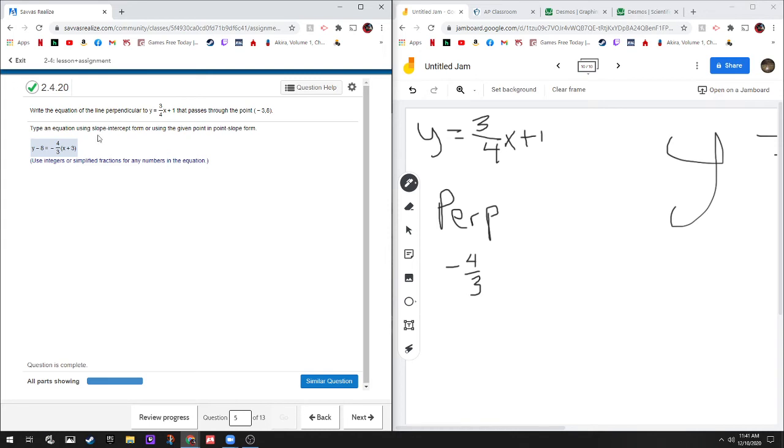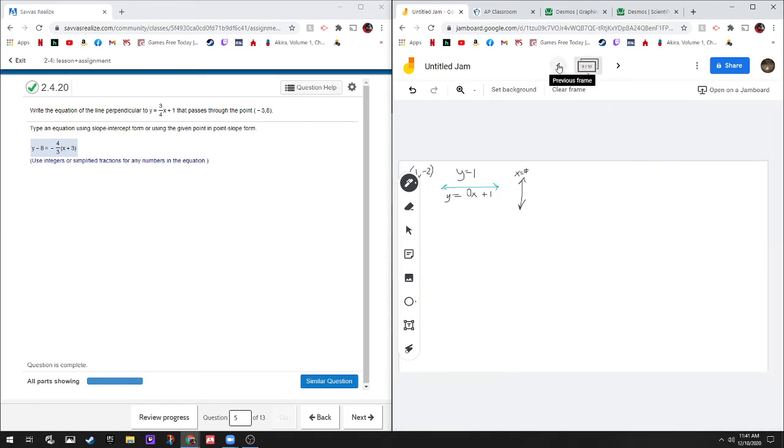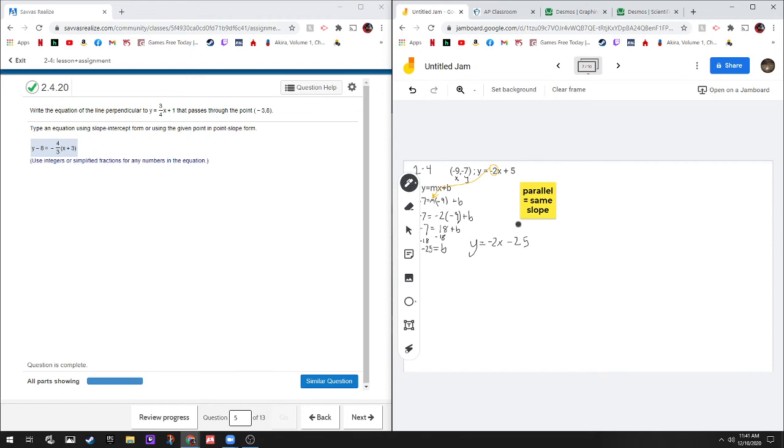You also could have done slope-intercept form. I could have said y equals negative 4/3 x plus b, and then plugged in the 8 for y, plugged in the negative 3 for x, and gone through solve for b like we did on this first equation.